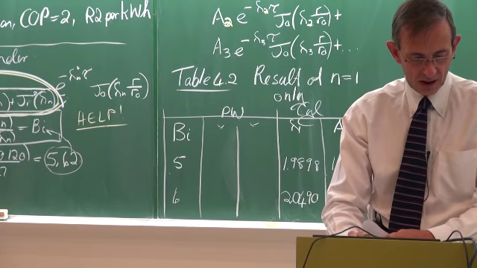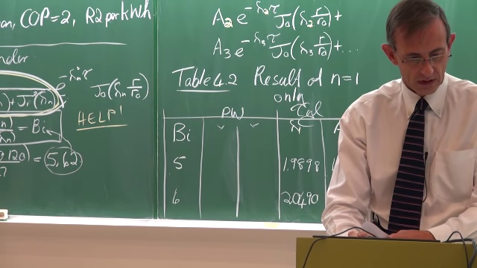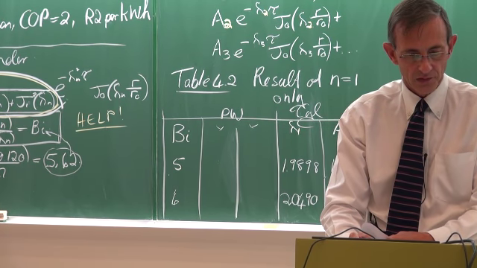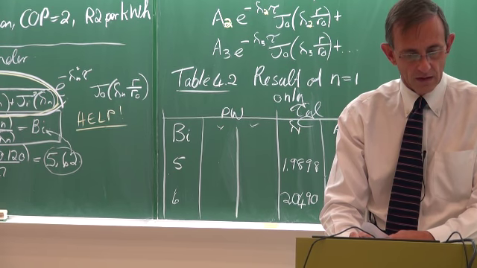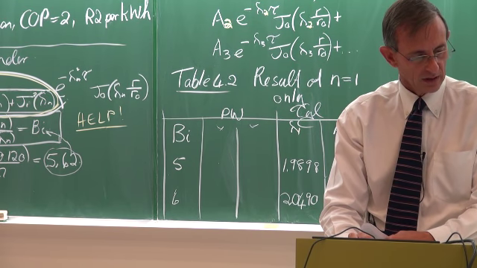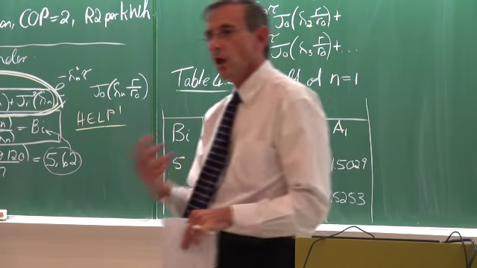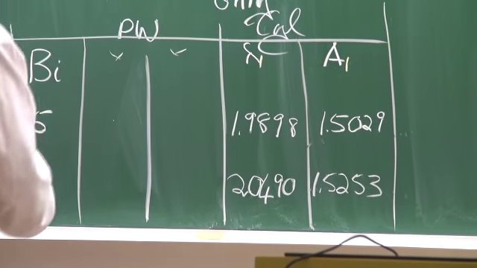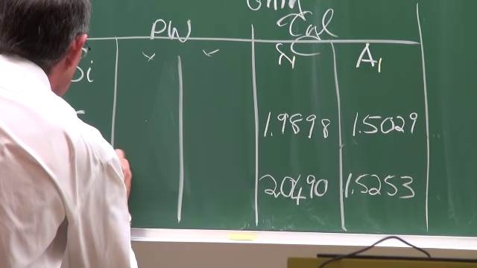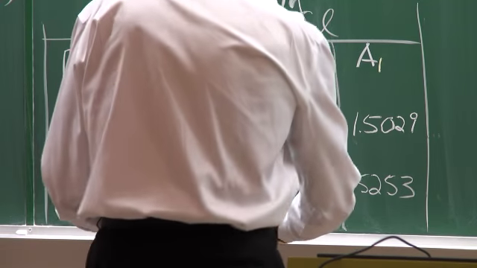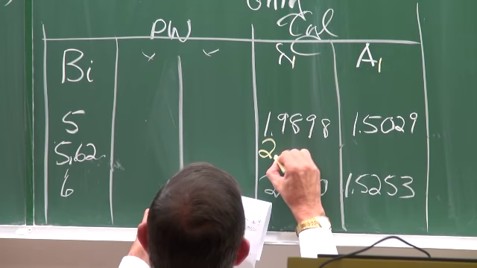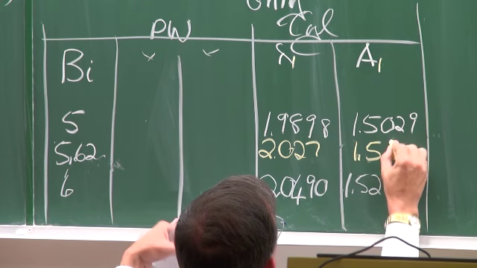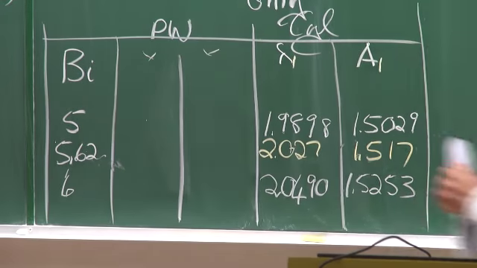In your study guide, I've given you some information on corrections that need to be done, but we will get to that later. So those are the lambda values and the A1 values, but we need them for 5.62 in between. If you do the interpolation, the values are 2.027 and 1.517.